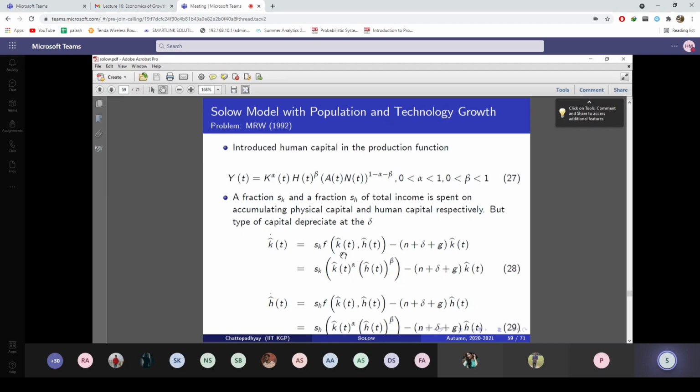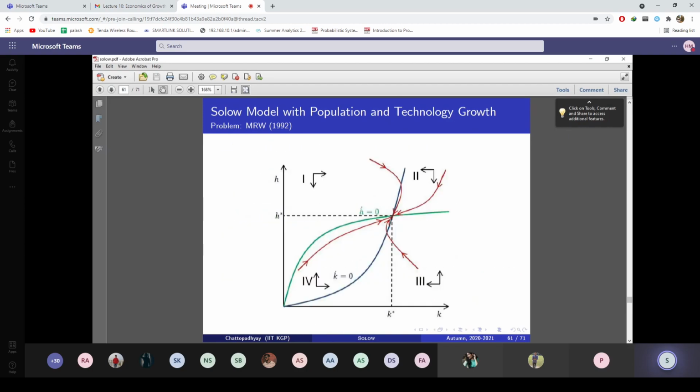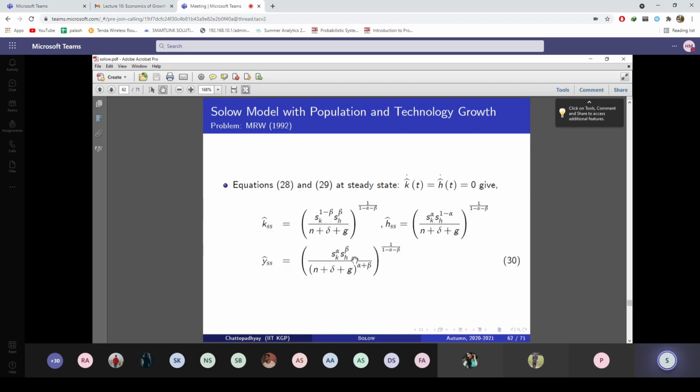You are saving a small s_K proportion of your national income to accumulate physical capital, and a small s_H proportion of your national income to accumulate human capital. You derive this to the fundamental equation, and you solve it only at the long run or the steady state, and you get these three values. This is basically your homework.